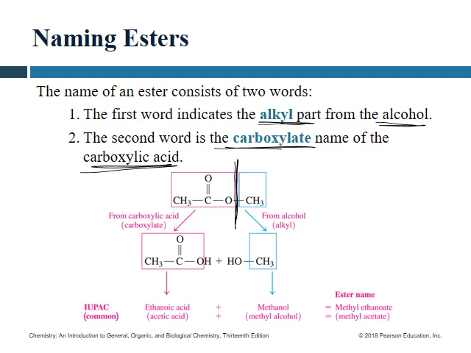So if you're naming this, what would be the name? This we break right here. This is called the alkyl group, which is methyl, and this part right here is part of the acid, which is the carboxylate. How many carbon? 1, 2, so ethanoate. So this is methyl ethanoate.